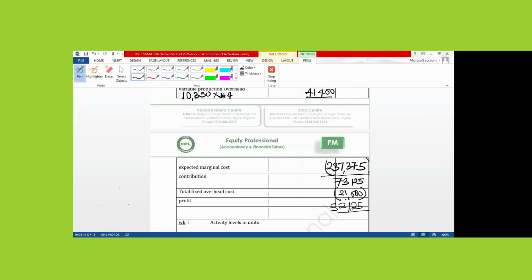All right. So please, cost estimation is not a standalone topic. It is related to every topic under PA.